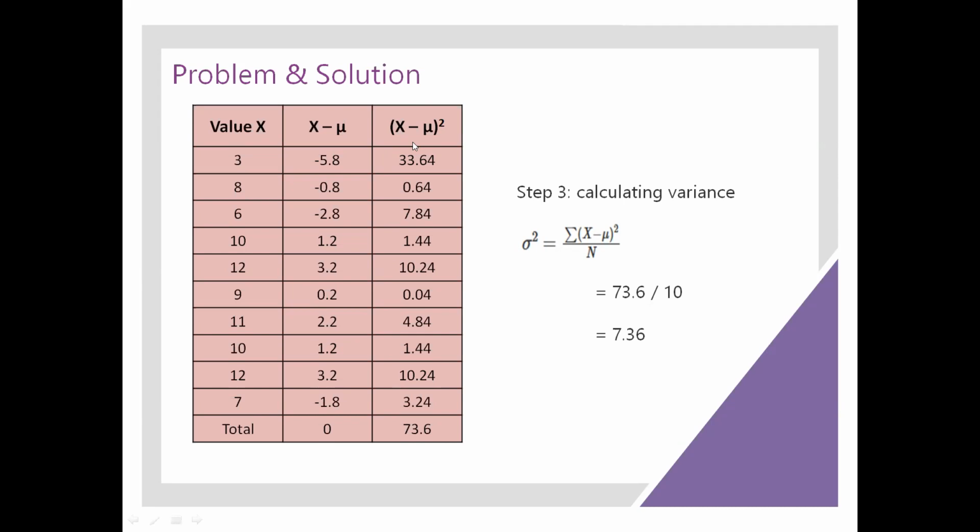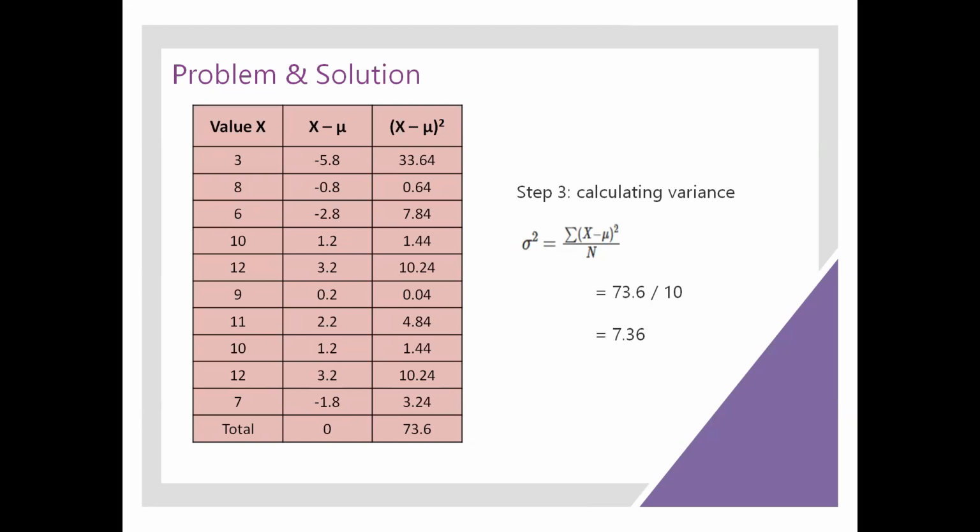The square of 5.8 is 33.64. In the same way you will find the square of all the values. And finally you have to take the sum of all these squared values. The sum of all the squared values is 73.6, and the total number of values is n. So divided by n, it becomes 7.36. So this is your variance.